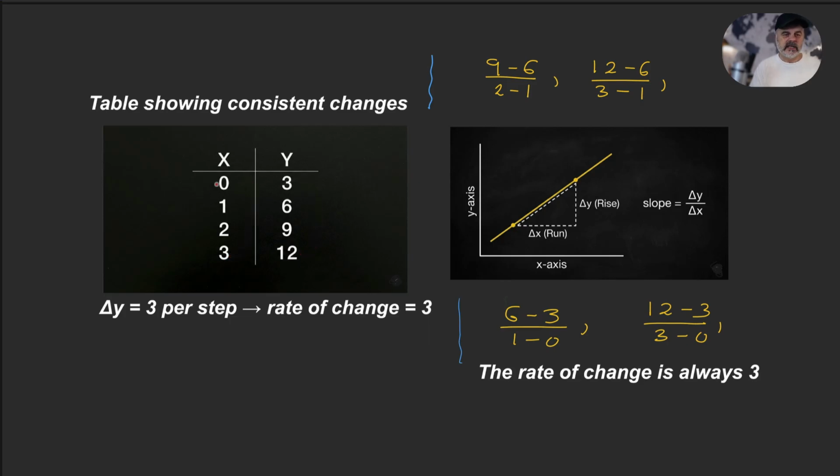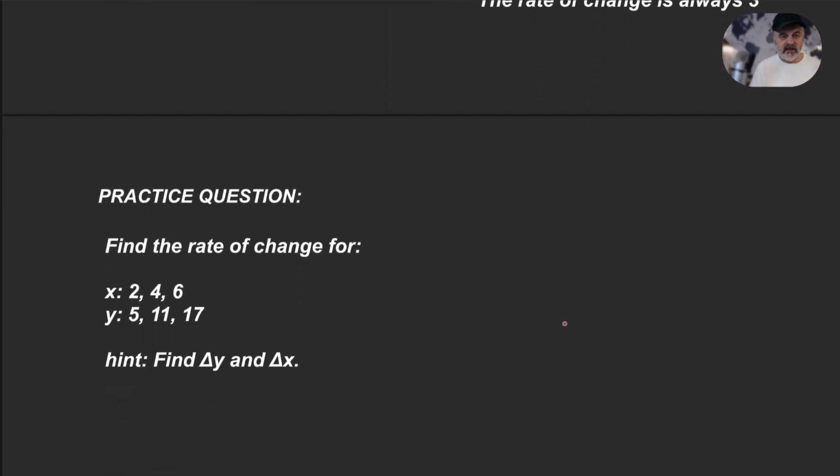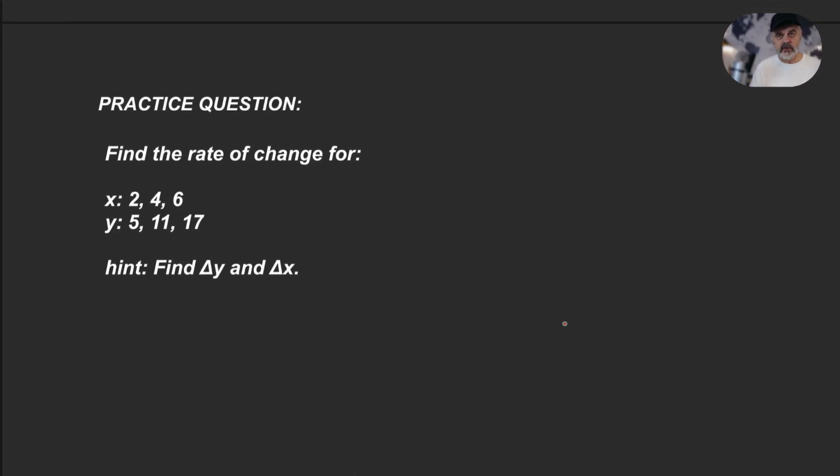But if you do the other way around because you feel like doing it in the opposite direction, do it. But the y column is on top. That's the spread in y coordinates divided by the spread in x coordinates at the bottom. So that's the key. So hopefully this makes sense, and practice questions are for you.